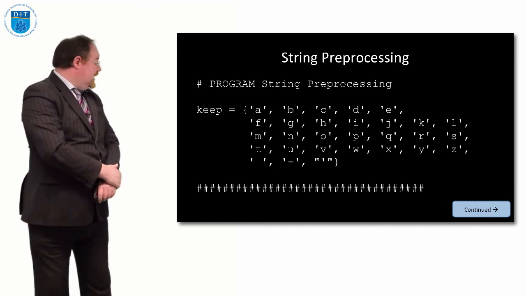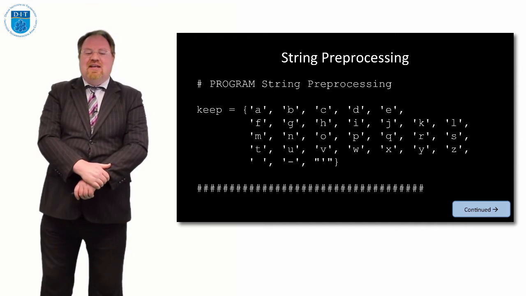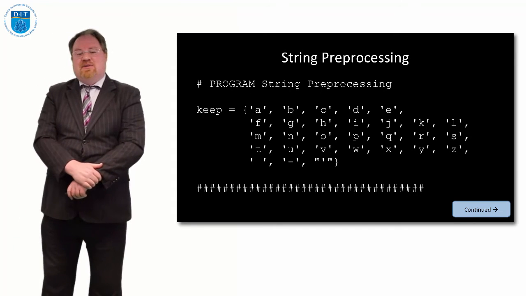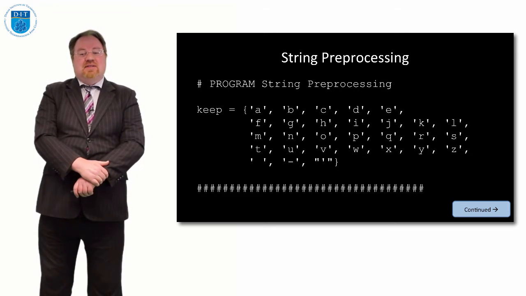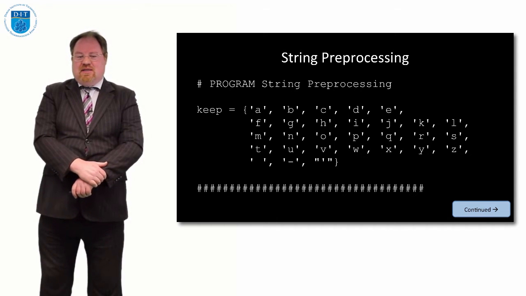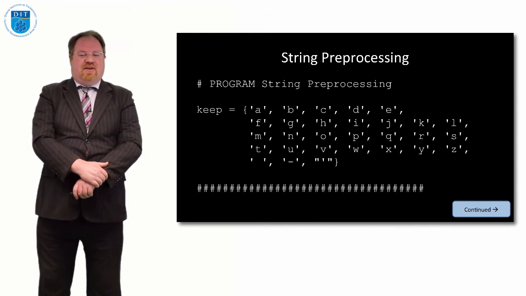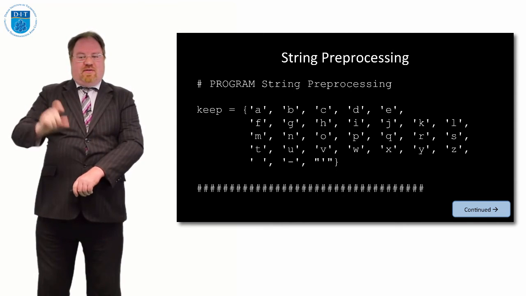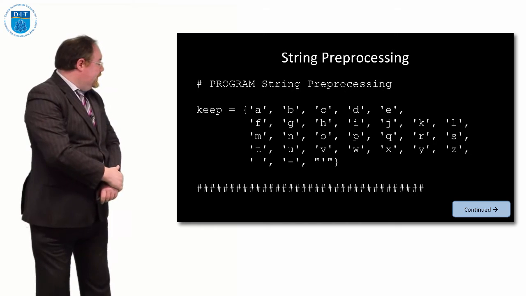And we've said the lowercase letters A, B, C, D, F, G, H, J, K, L, M, N, O, P, Q, R, S, T, U, V, W, X, Y, and Z, plus space, plus dash or minus sign, and plus single quote are all acceptable characters. So we wanted to write a program that said, everything else goes except these. And if we had that program, then our string a long time ago in a galaxy far, far away, the dot, dot, dot would go, and the comma after the first far would go, because none of them are acceptable.